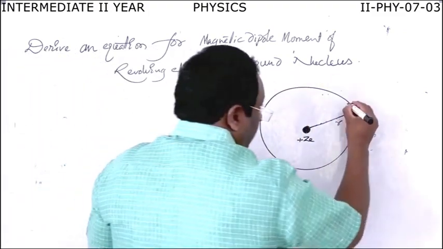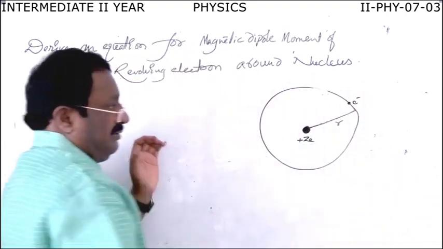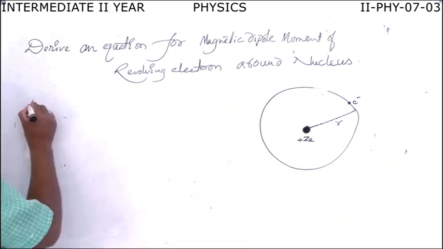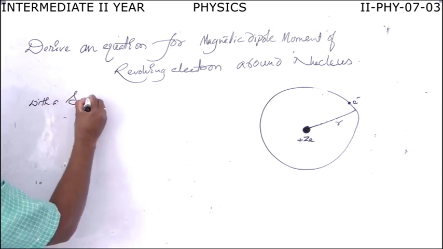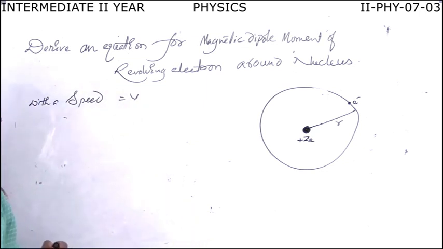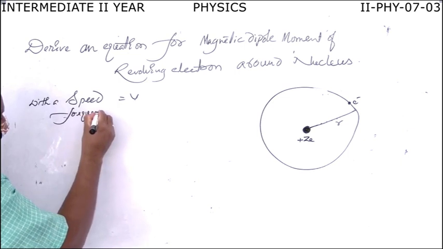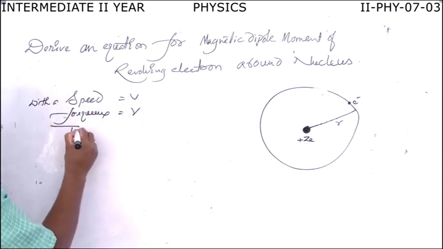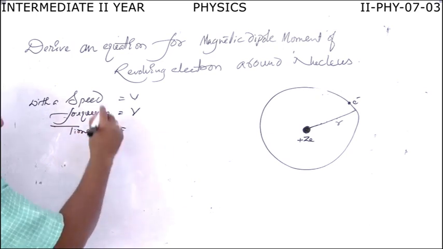In this orbit, one electron is revolving with a speed v, frequency nu, and time period T, the time for the electron to complete one revolution.